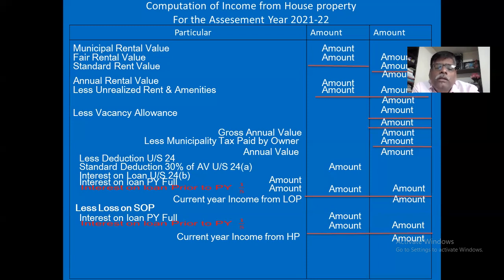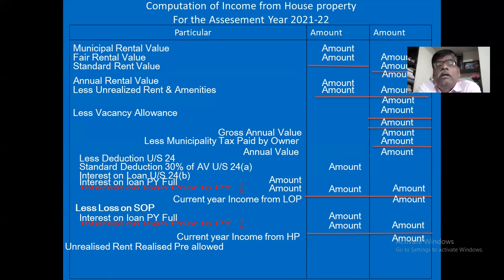In this amount, unrealized rent realized is to be added if it was allowed by the income tax department previously. What is unrealized rent realized? It is rent not realized in the prior to previous year.